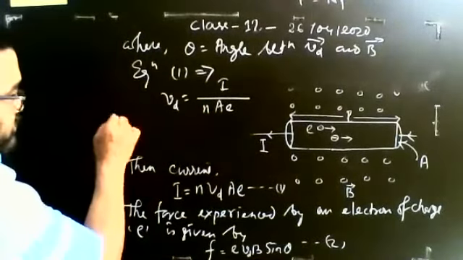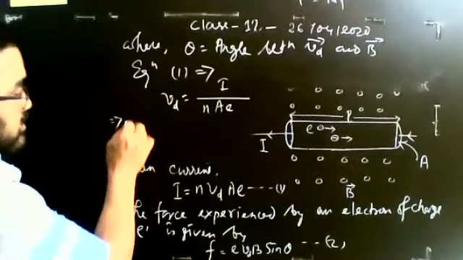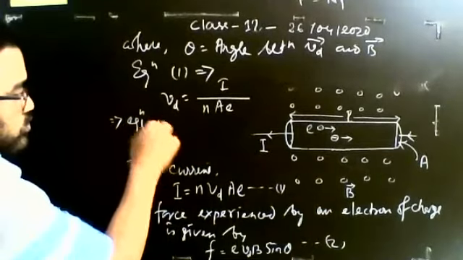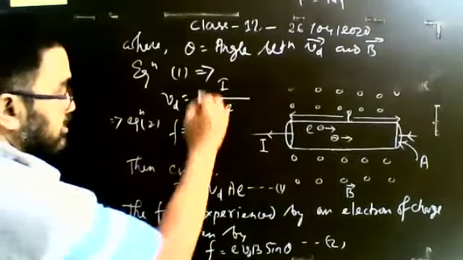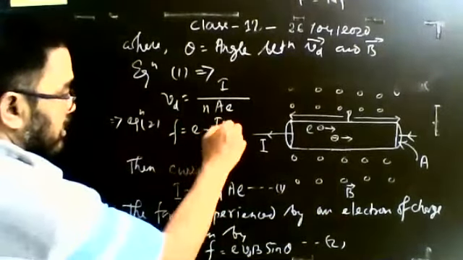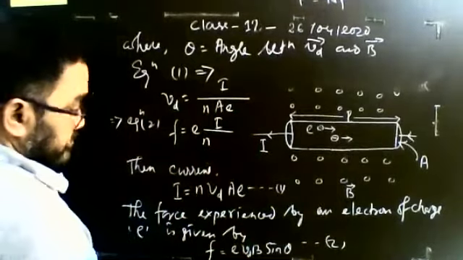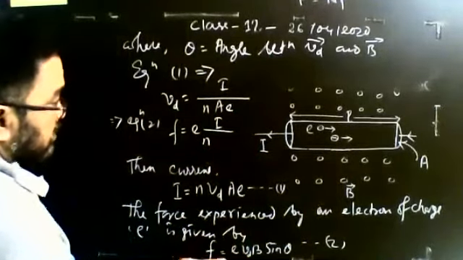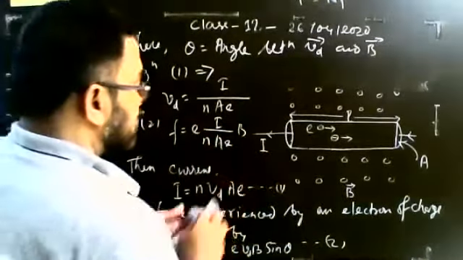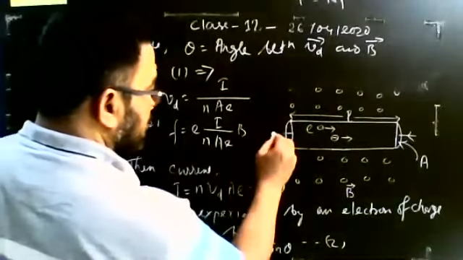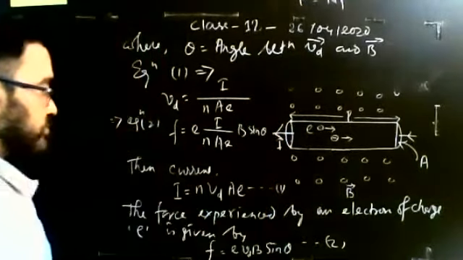So if we put the value of Vd in equation 2, F is equal to e I / (n A e) B sin theta.